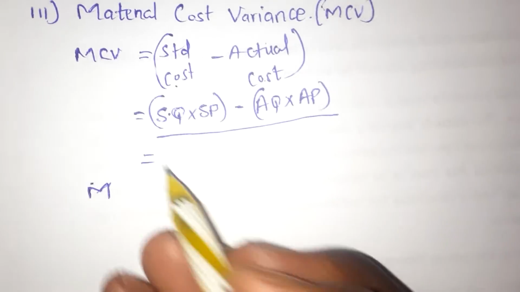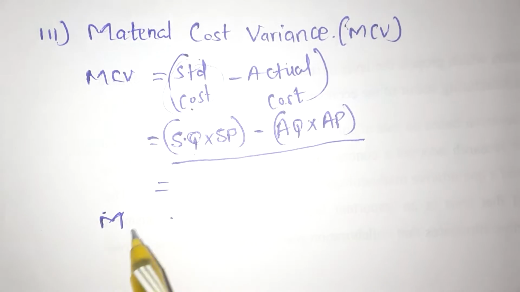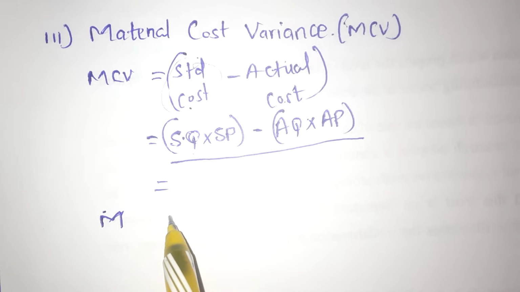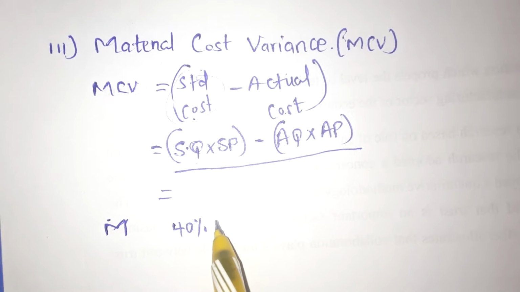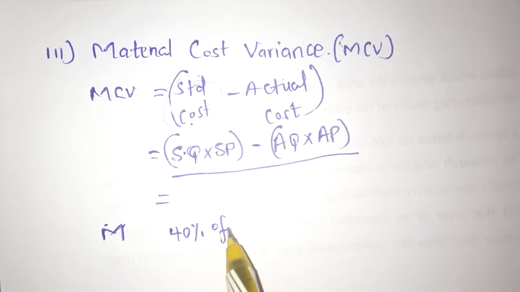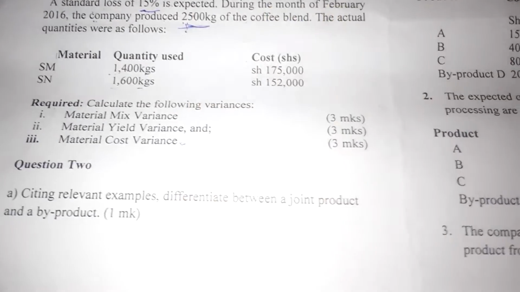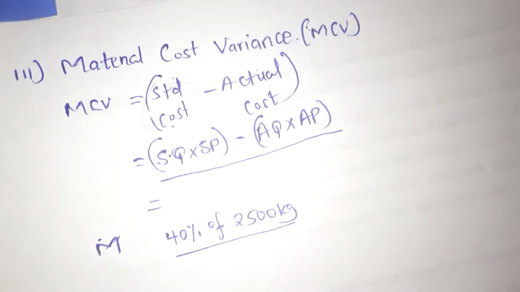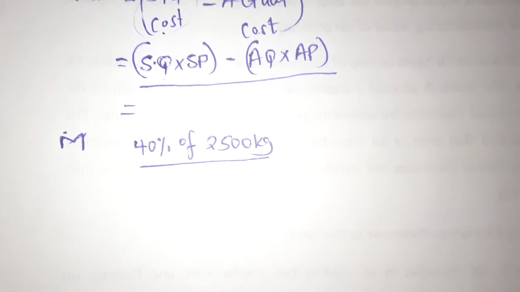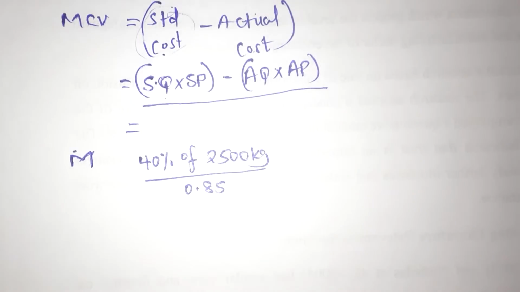So M will be the standard quantity for material M. Now we are looking for the standard cost for material M. Standard quantity will now be the proportion of material M, which is 40% of the actual output, which if you check in the question here was 2500 kg, over the expected production, which is now at 85%, divided by 0.85. So that is our standard quantity.